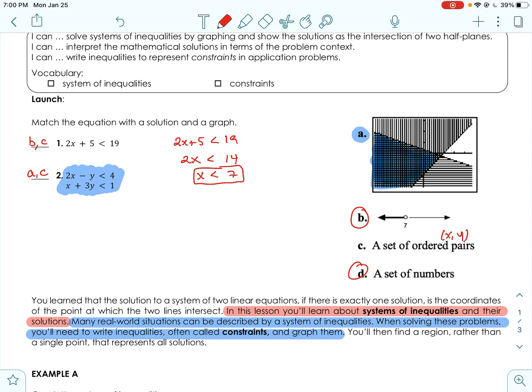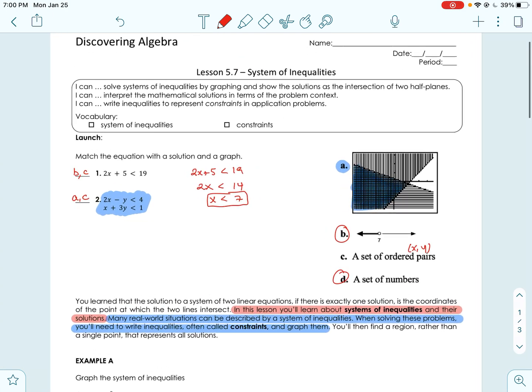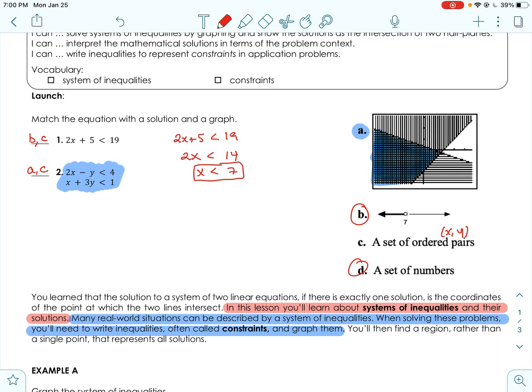So what we're going to look at now is what a system of inequalities is. Like a system of equations, a system of inequalities is where you have two or more inequalities where you're looking to find the xy coordinates that satisfy both inequalities at the same time. So we're going to take a look first at how to graph a system of inequalities and find the solution.